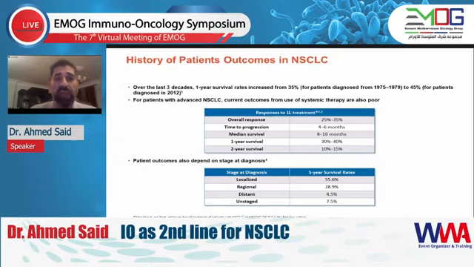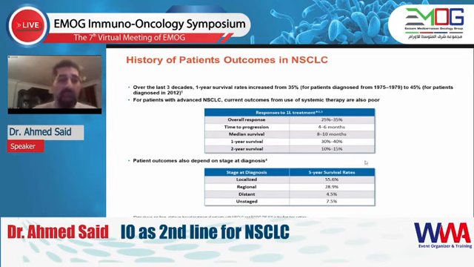Looking at the history of patient outcome in non-small cell lung cancer, we can see that over the last 3 decades, 1-year survival rate increased from 35% for patients diagnosed from 1975 to 1979. For patients with advanced non-small cell lung cancer, current outcomes for the use of systemic therapy are poor, with an overall response rate of 25 to 35% in the first line setting, with time to progression of 4 to 6 months and median survival of 8 to 10 months, with 1-year survival of 30 to 40% and 2-year survival of 10 to 15%.